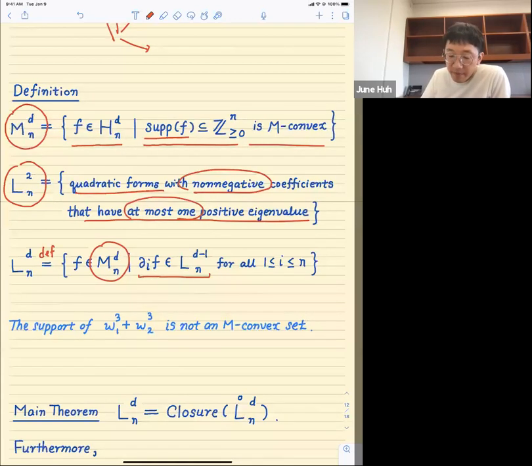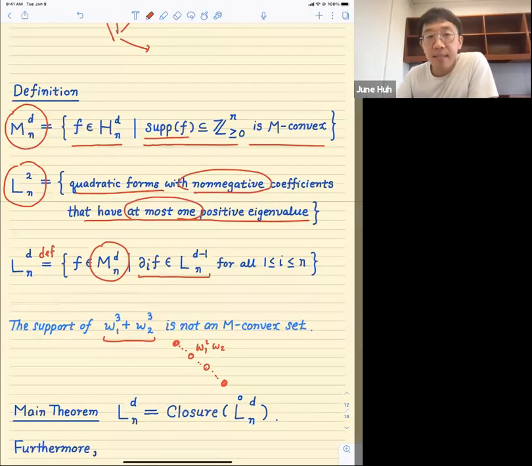So for example, if you go back to our example of this sum of 2 cubes, its support consists of 2 points, and it misses the 2 interior points corresponding to w1 squared w2, for example. And this is not an M-convex set. The convex hull is a generalized permutohedron, all right, but I'm missing 2 points.